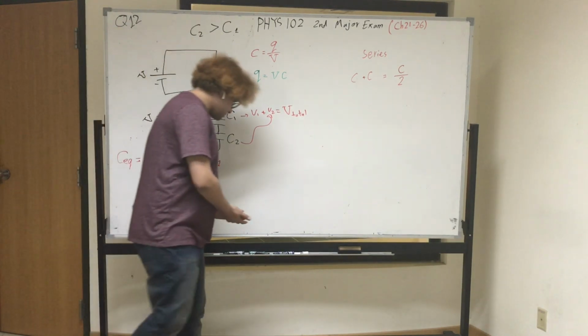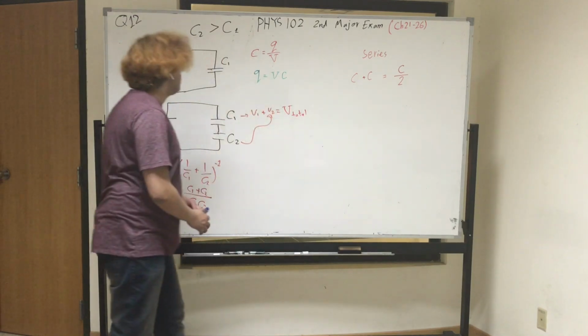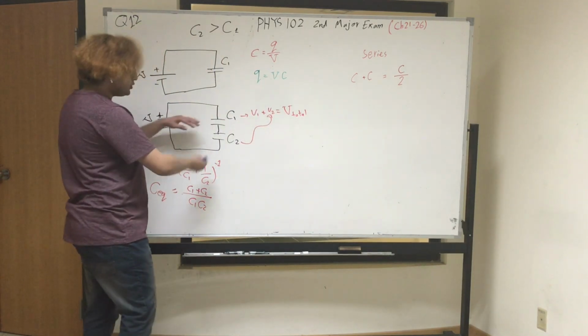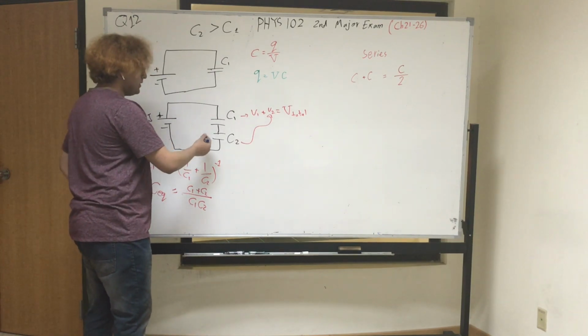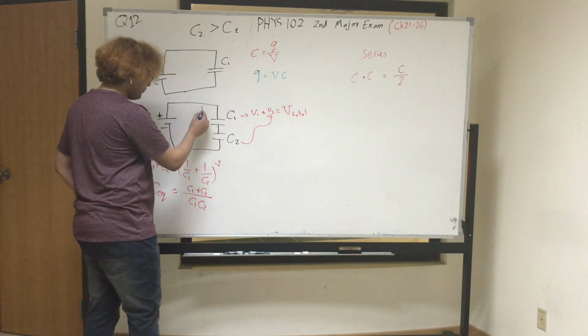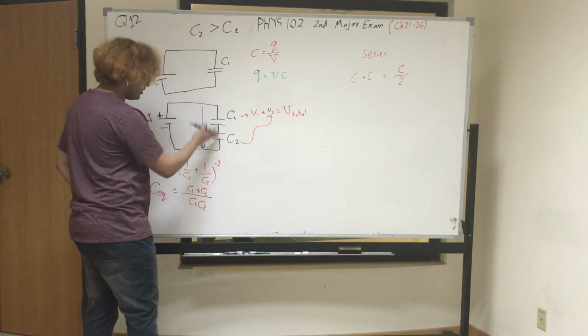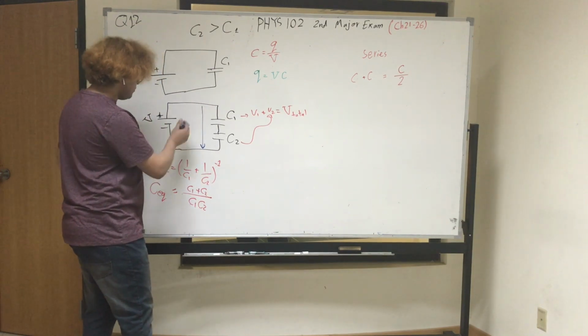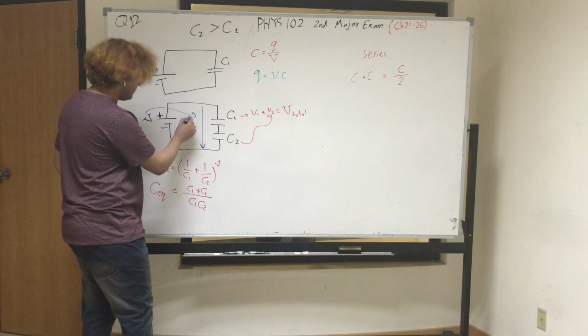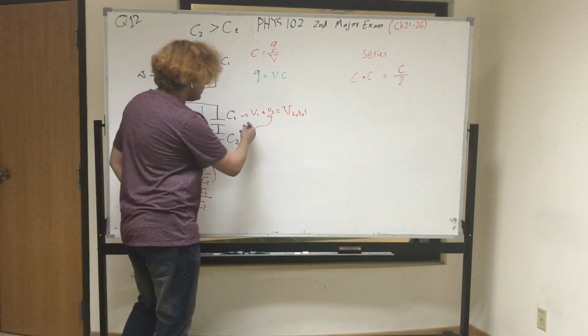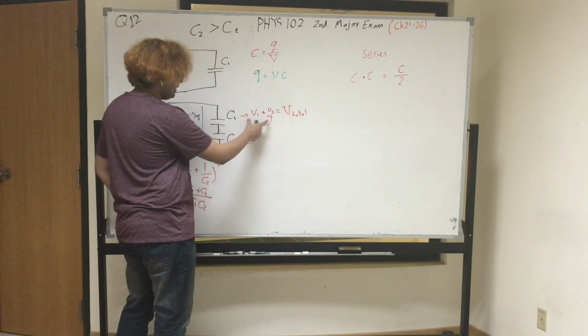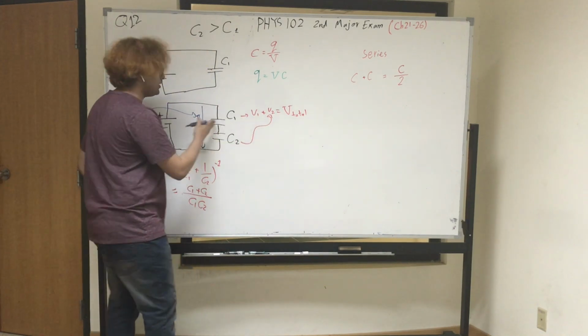So one thing we need to realize is that when we add two capacitors in series, the total voltage across the two capacitors, which is the voltage of the battery, is going to be equal to the sum of the individual voltages on each capacitor.